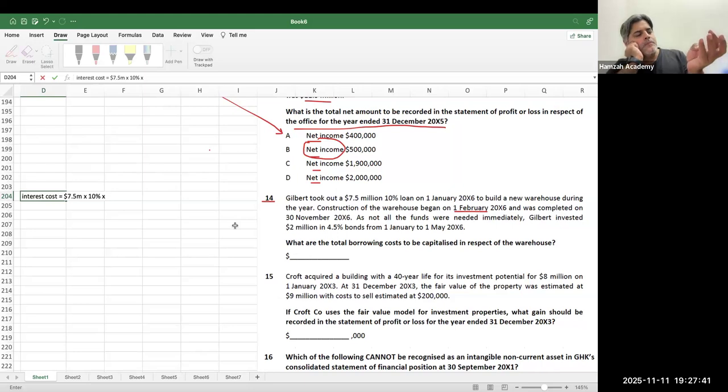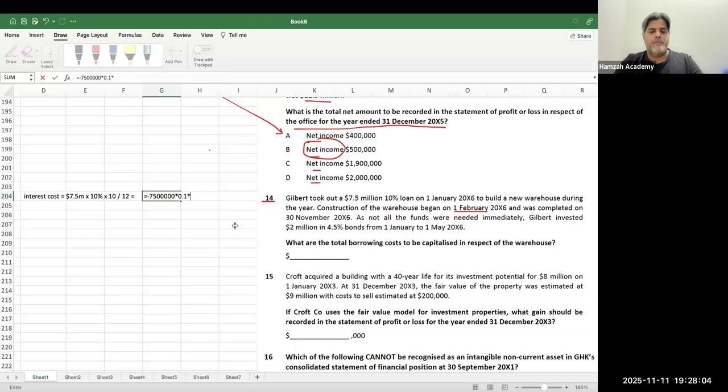So February, March, April, May, June, July, August, September, October, November. 10 months. So that's going to be 10 by 12. So the interest cost, that's going to be 625,000.